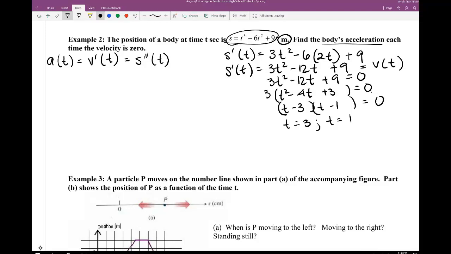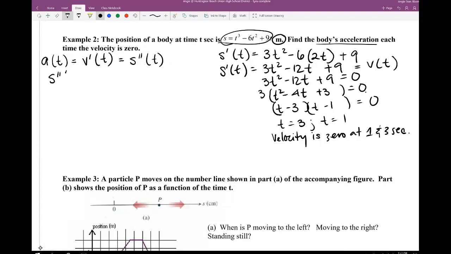So the velocity is 0 at those times. Velocity is 0 at 1 and 3 seconds. But I'm really not interested in that right now. I'm interested in the acceleration when the velocity is 0.